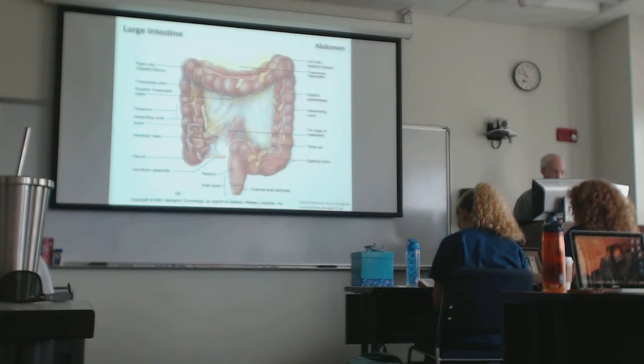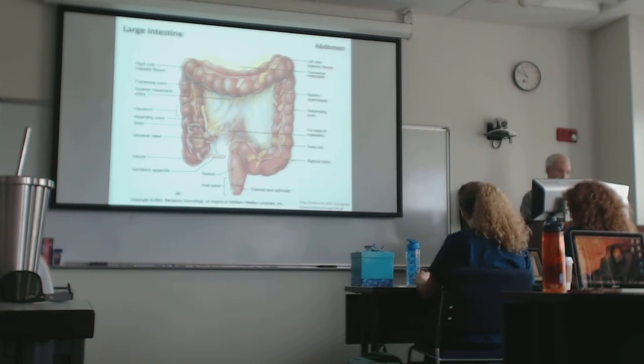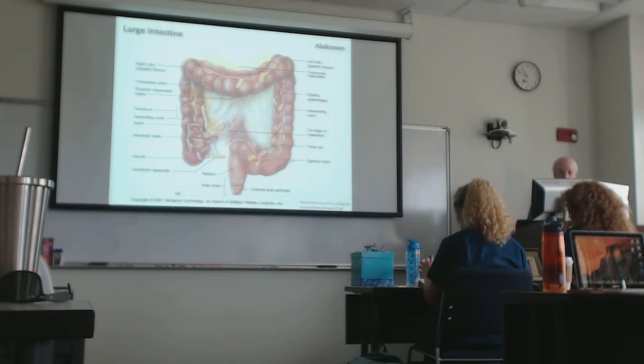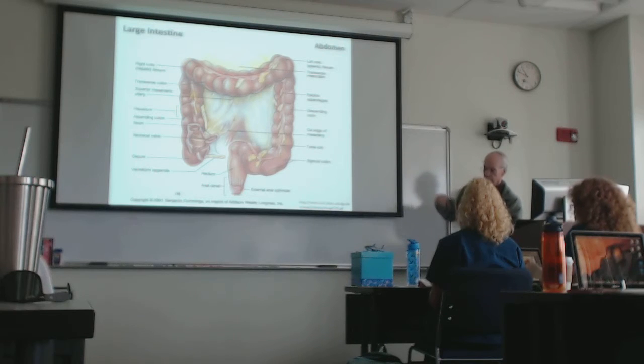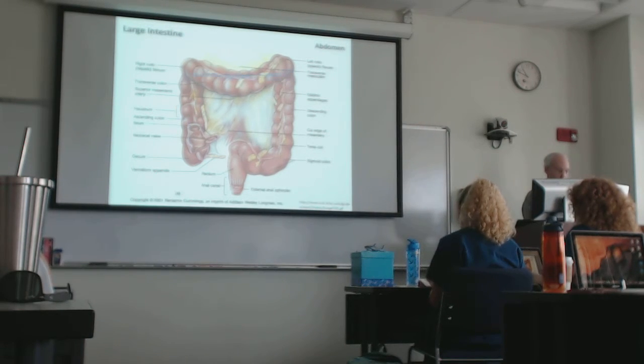We're looking, of course, at the colon here, the large intestine. So you want to be familiar with the various regions of the colon. You want to know which side of your abdominal cavity the ascending colon is located on, which side the descending colon is located on. Of course, this is the transverse colon up here. This region is called the sigmoid colon.